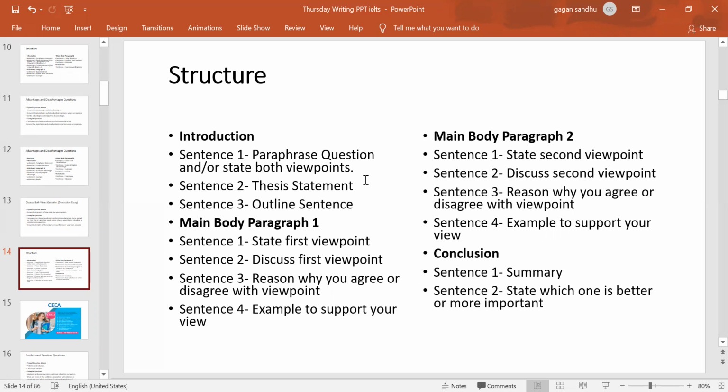Then the next sentence is why you agree or disagree with this viewpoint. So this will be the third sentence, where you are telling if you are also a person of the same opinion, you are also writing here, according to me, or in my opinion, I also agree with the opinion of this class of people, as this will enhance productivity and reduce the time used in learning the resources, right?